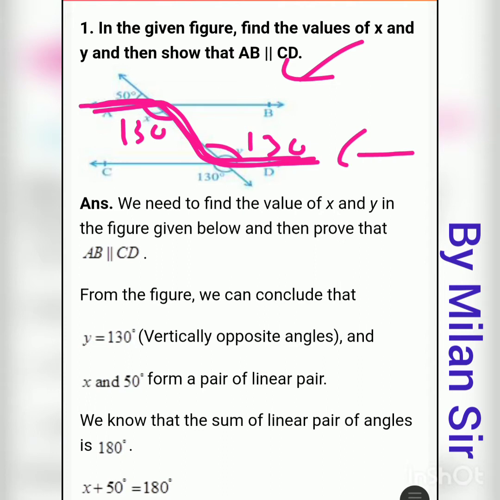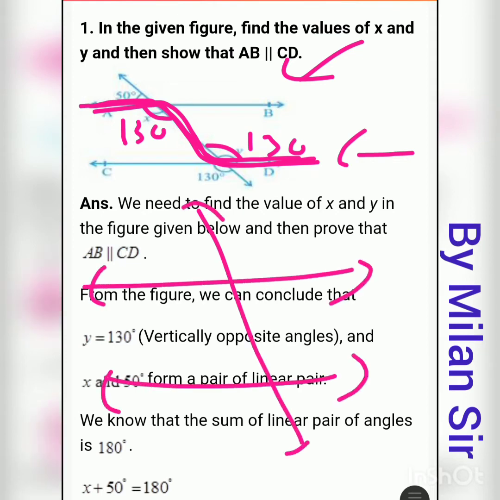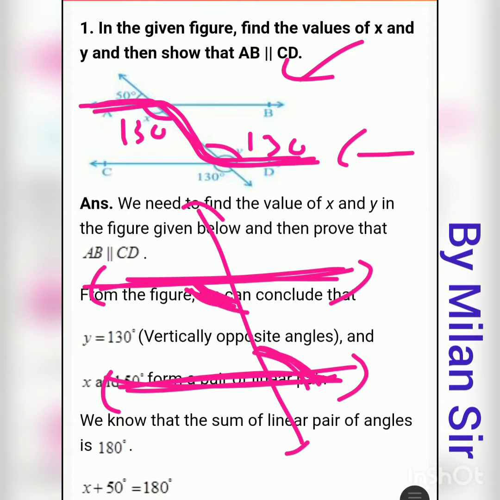What is the actual theorem? If these two lines are parallel, then these two angles are equal. But we use this theorem in reverse: if these two angles are equal, it means these two lines are parallel.